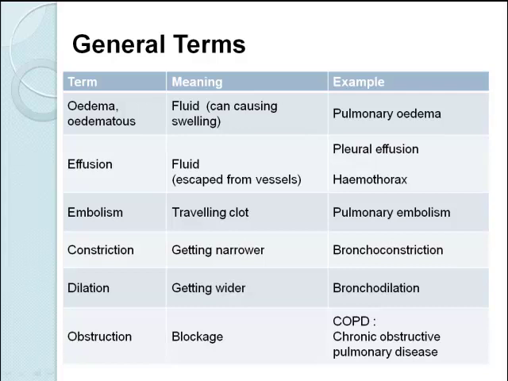Dilation means getting wider. So with treatment, in asthma, you have a bronchodilator, which causes bronchodilation, which means that the bronchial tubes will get wider, making it easier to breathe. Obstruction is a blockage. So with COPD, chronic obstructive pulmonary disease.